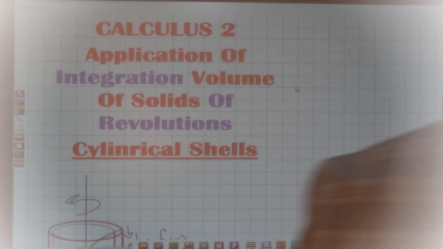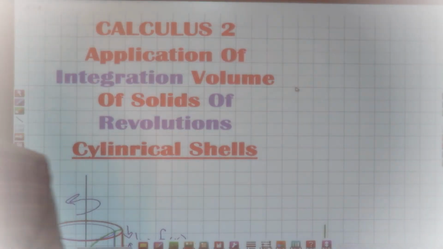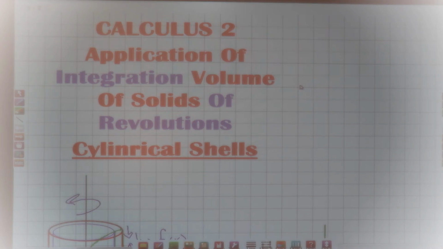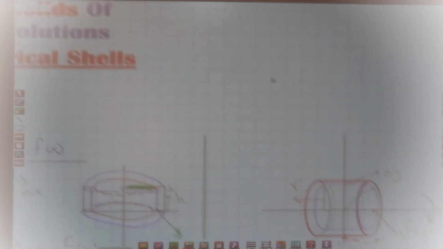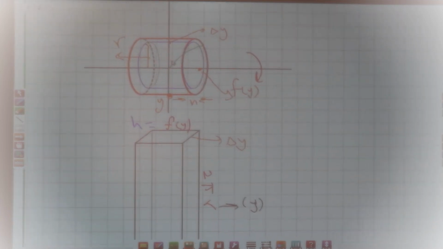Okay, now look here, application of integration. Now we're going to revolve about what? The x-axis. This is the revolving.